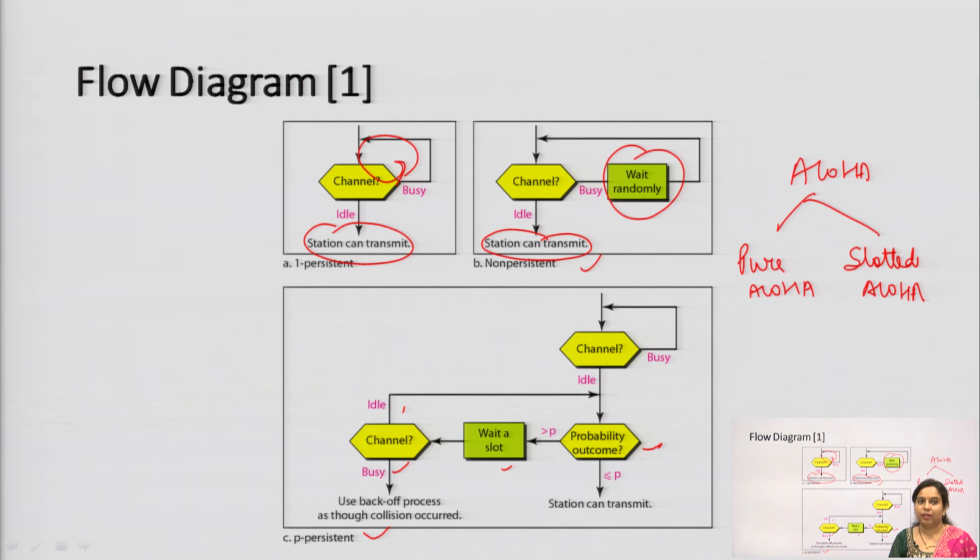And if you remember, in the random access protocol there is an advantage and a disadvantage. Whenever we transmit the data, we do not wait for a second station, we do not check whether the channel is free or not, it will automatically transmit the data.